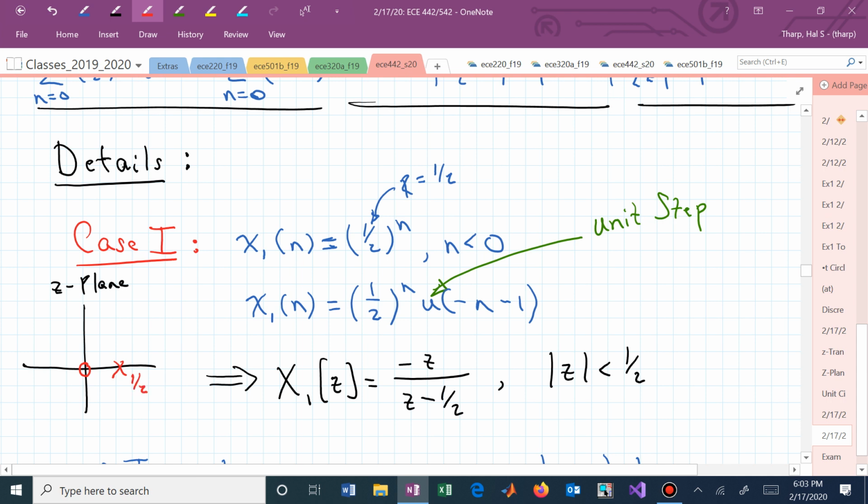Where's my region of convergence? Well, this is my region of convergence. How does that compare to the unit circle? Here's my unit circle. Here's 1, here's -1, here's j, and here's -j.